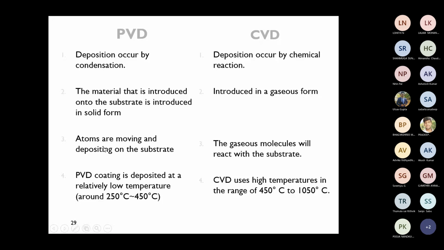In PVD, atoms are moving and depositing on the substrate, while in CVD the gaseous molecules react with the substrate. So the mechanism is totally different in physical vapor deposition and chemical vapor deposition. PVD coating is deposited at a relatively low temperature. CVD uses high temperature, 450 to 1050 degrees Celsius.